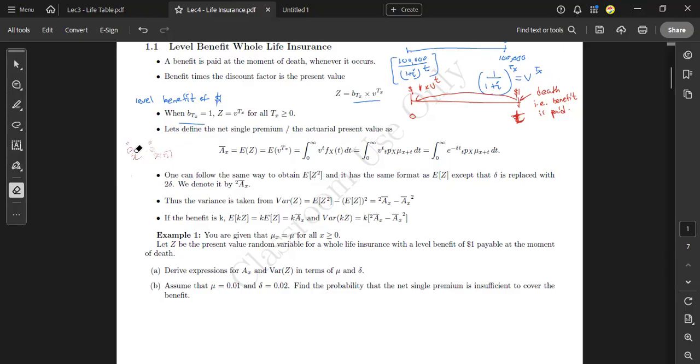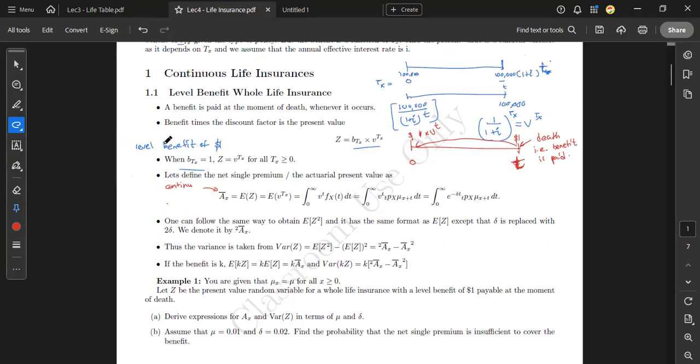So keep these things in mind. So we will start with this, and in this notation, the bar says it is continuous, and this is the expected present value of benefit.